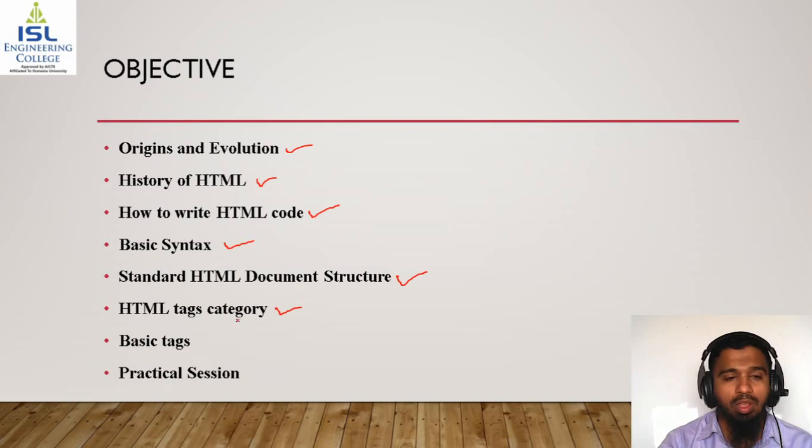Today we will see basic tags like paragraph, HTML, head, and title. Then we will do a practical session: how to write the HTML code, how to save the document, and how to view your web page. So today we are going to see all of this one by one.